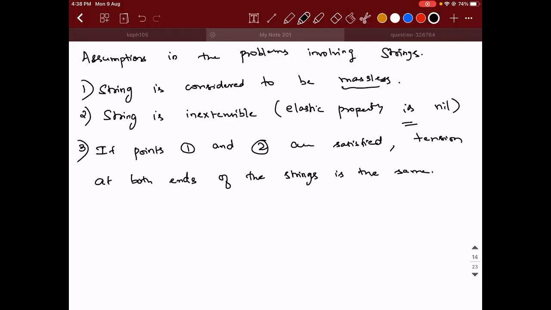Tension at both ends of the string is the same in the sense that one end of the string is connected to the block and the other end is connected to the ceiling. If there is a tension T acting here, then there will be a tension T acting on the other side also, in the opposite direction. The reason is very simple, because tension by default is always a pulling force.